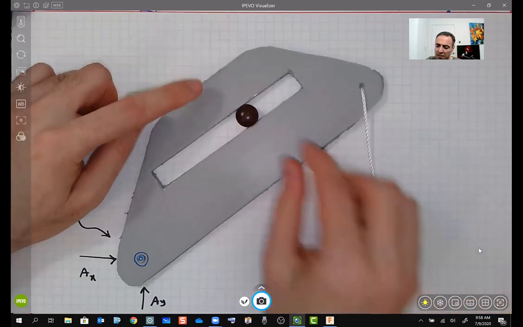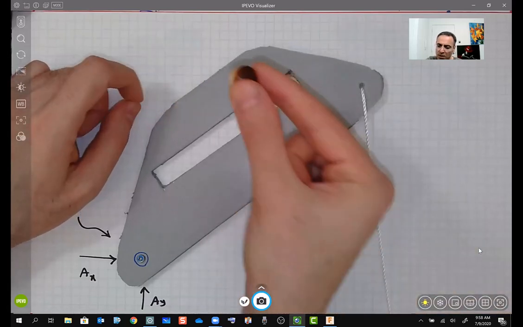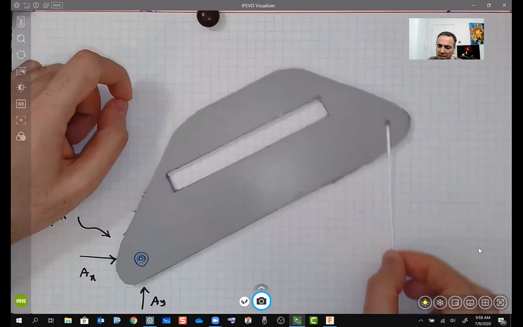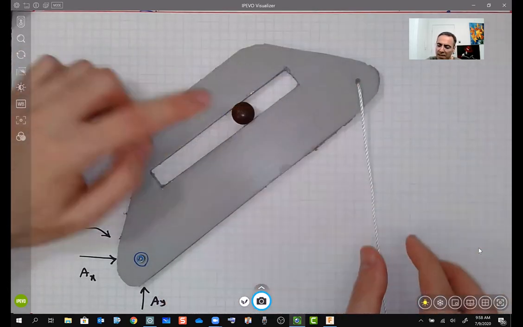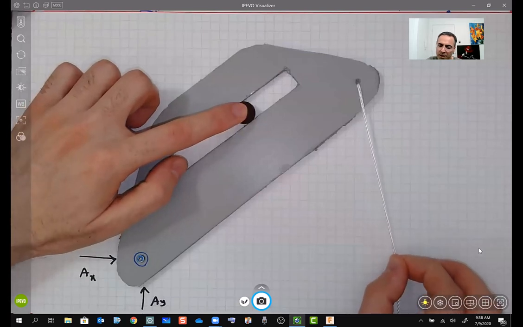I hope you guys can understand, right? This pin, if it's not there, I can rotate it. If I put this pin there, now I cannot rotate it, all right?